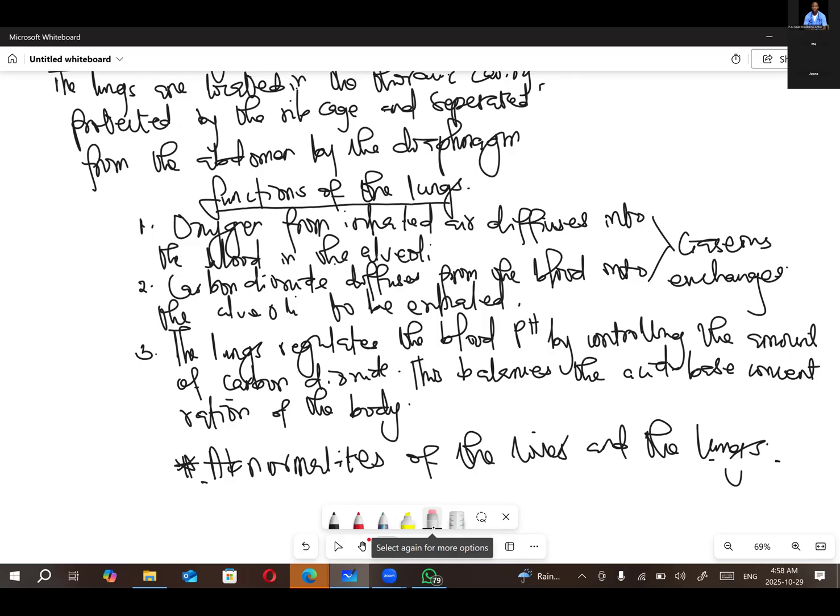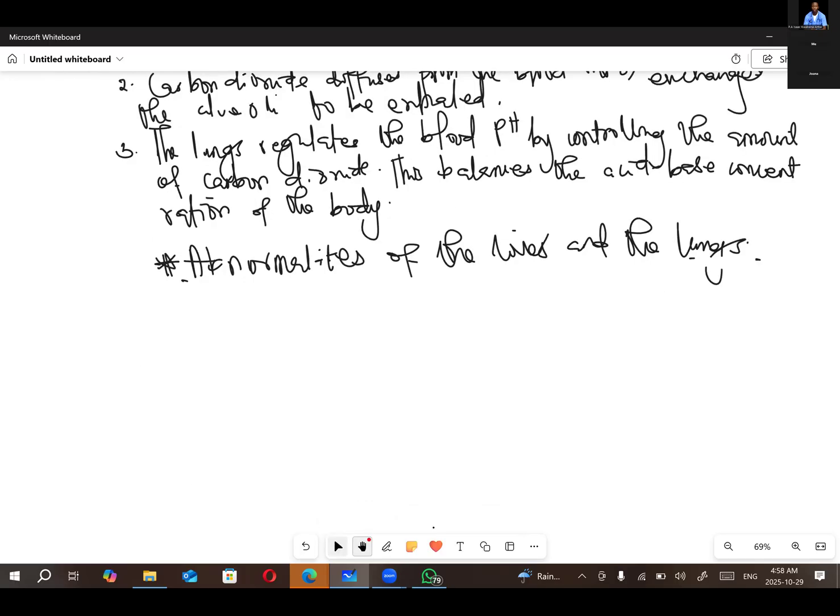Where is the glomerulus? It's a part of the nephron. It's in a Bowman's capsule. The glomerulus is in a cup, right here.